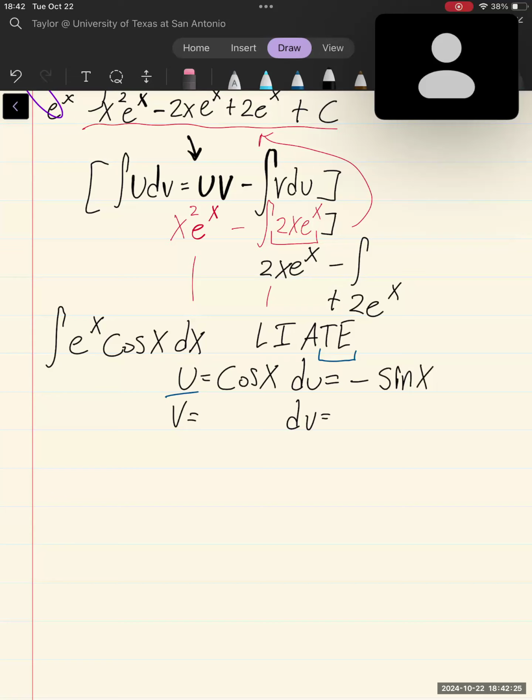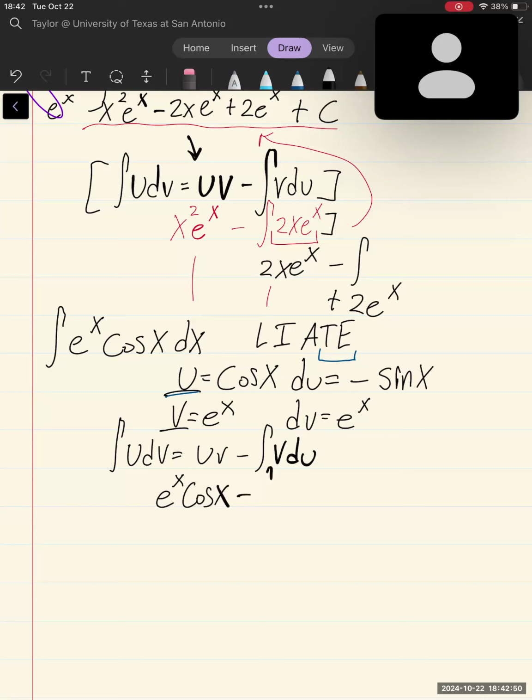Okay, and then our integration term is e to the x, and the integral of e to the x is e to the x. So following the integral of u dv equals uv minus the integral of v du, I'm going to substitute in my u and my v. So then I get e to the x cosine x minus the integral of v times du. So then we get negative e to the x sine x.